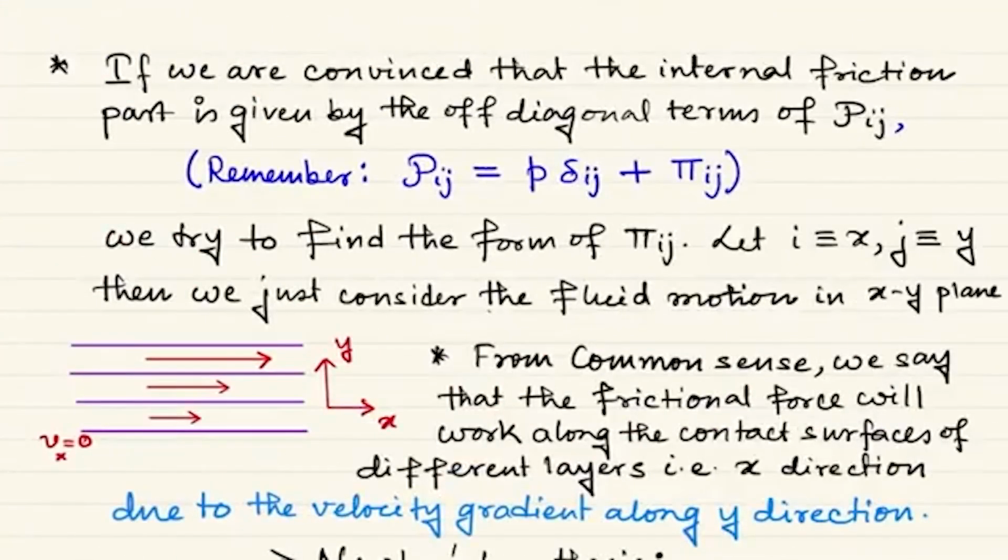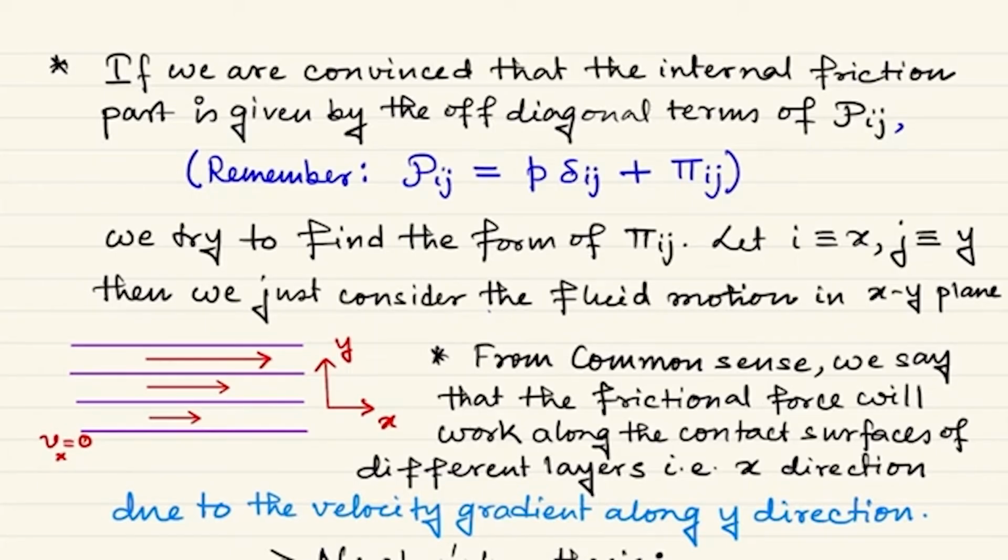Now in our everyday experience, it is true that the internal friction of a fluid, or viscous effect, is something which always tries to prevent the development of a velocity gradient. Okay, now we try to understand this much more schematically and systematically.